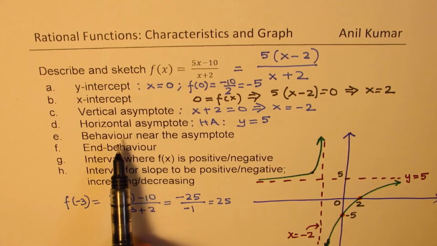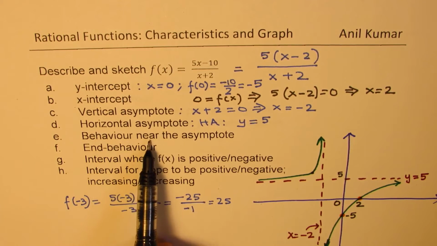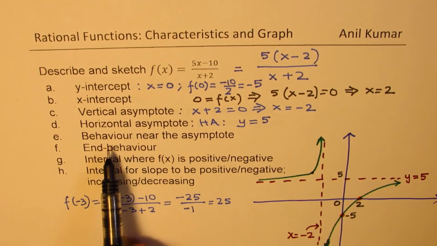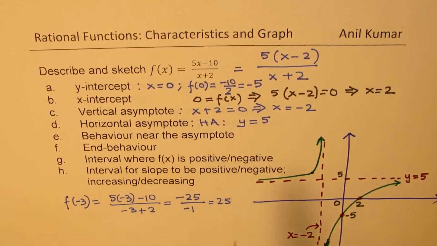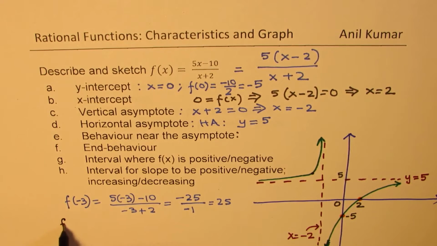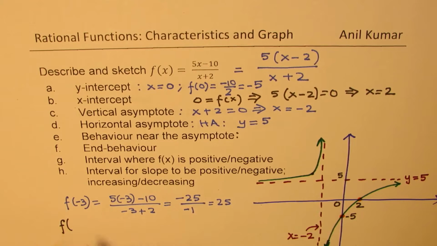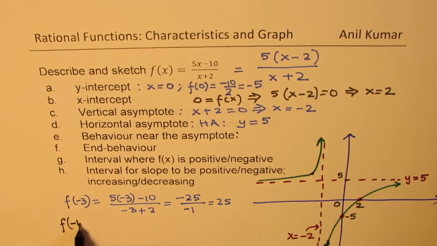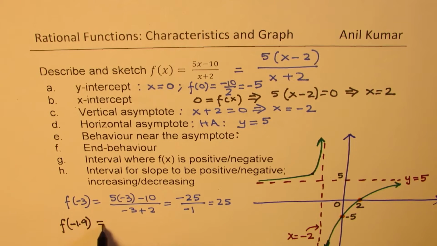Now, let's describe the behavior near the asymptotes. When we talk about behavior near the asymptotes, we are more worried about the vertical asymptote, that is x equals minus 2, right? So if I substitute a value slightly more than minus 2, on the right side, that is minus 1.9, then what happens?